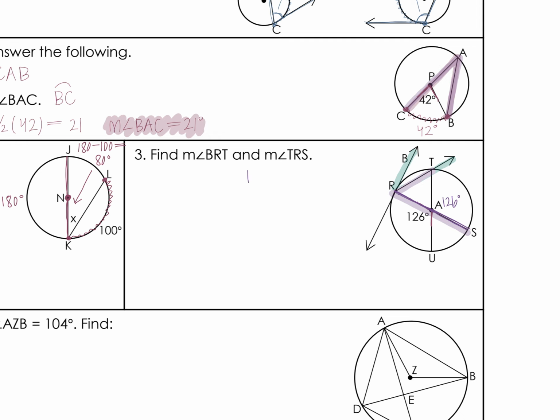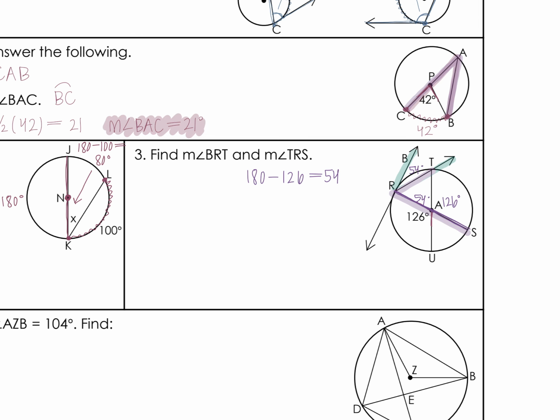So I'm going to start off by subtracting that 126 from 180. And I'm going to be left with 54 for this angle here. Okay, well, since that is a central angle, once again, remember your arc measure is congruent to a central angle. And so the arc T to R is also 54 degrees.